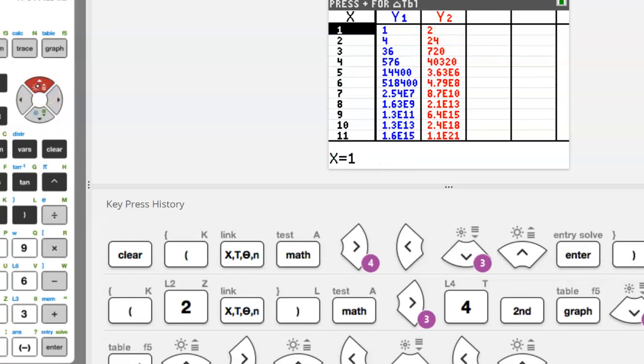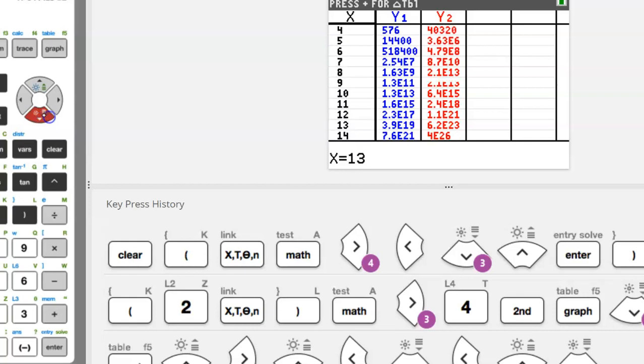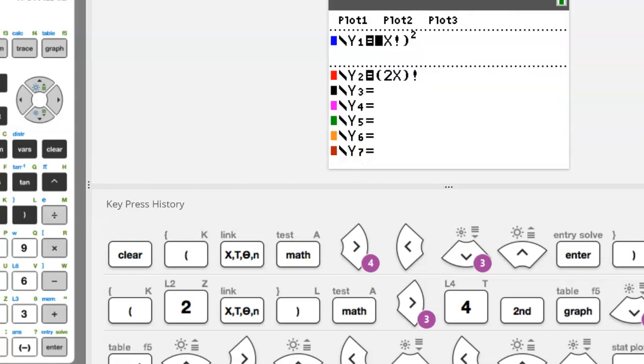So pretty much right from the beginning, the one on the right is faster. And as we scroll on down, that difference becomes bigger and bigger. So what that is telling us is y sub 2 is the faster growing function. Y sub 2, just so you believe me, is that 2x factorial term.